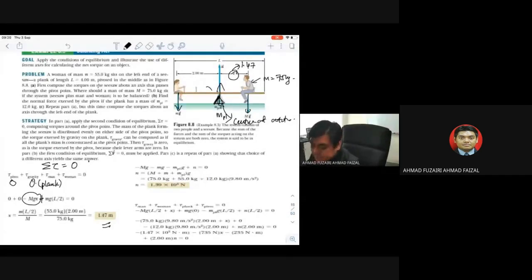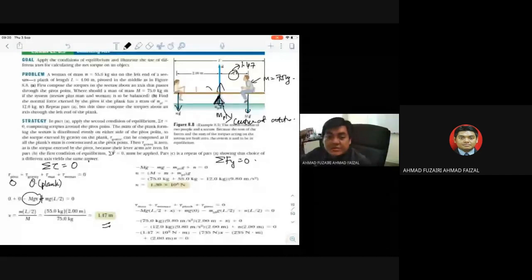Okay, alright. So, on part B, find the normal force exerted by the pivot if the plank has a mass 12 kg. So, dalam situation ini, kita akan menggunakan summation of Fy equals 0. Kenapa kita gunakan summation of Fy? Sebab dia minta normal force. Sebab pivot tu duduk di atas surface.